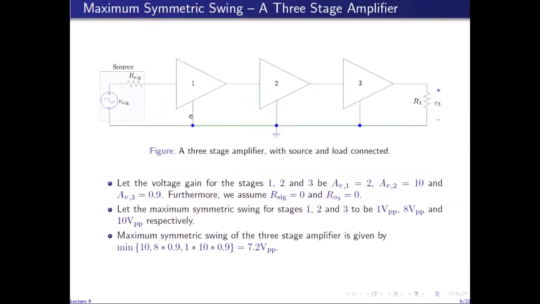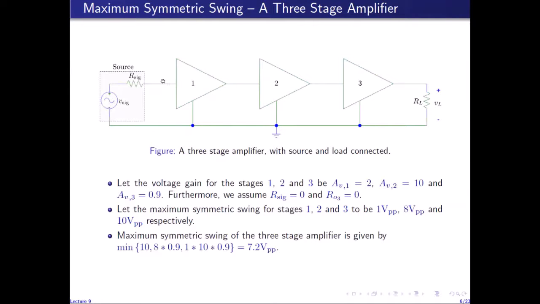So if we analyze this circuit, then the output swing here at the output of stage 1 is 1 volt peak to peak. So dividing this with the gain of the first stage, which is 2 units, I get at the input of the first stage 0.5 volts peak to peak.